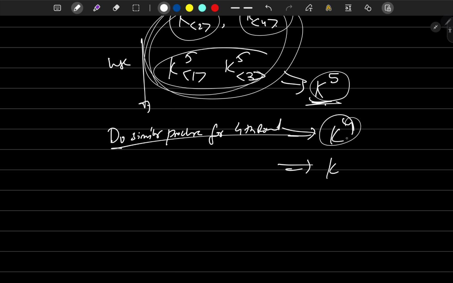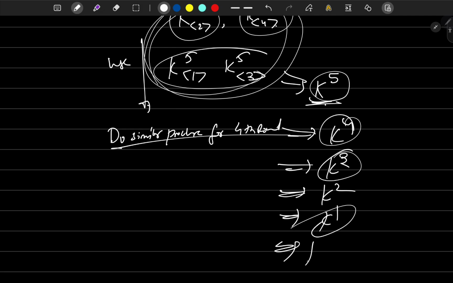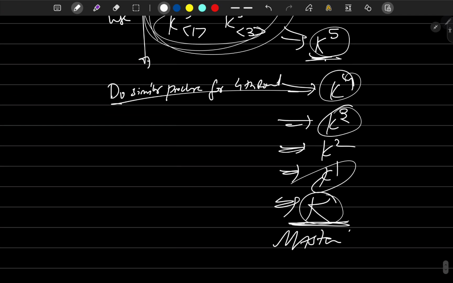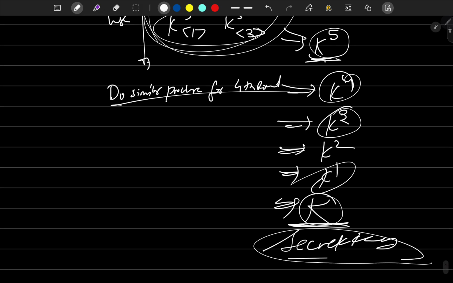Then using K4 you will find K3, using K3 you will find K2, and K1. Using this K1, finally we got the master key, I mean the secret key. This is what we have achieved.